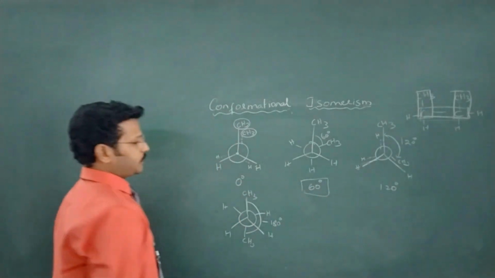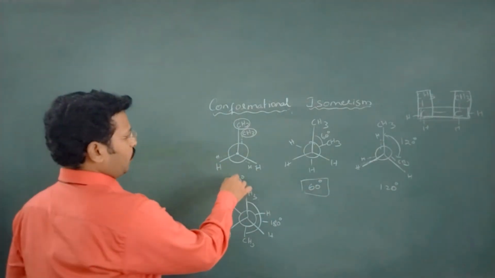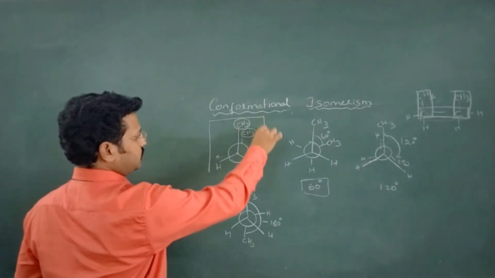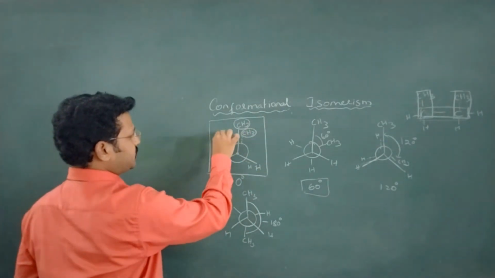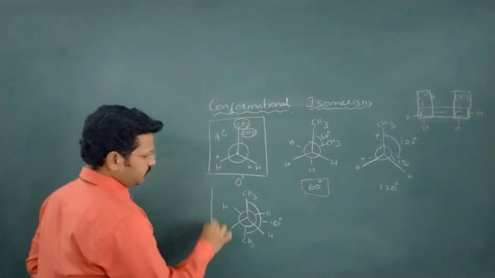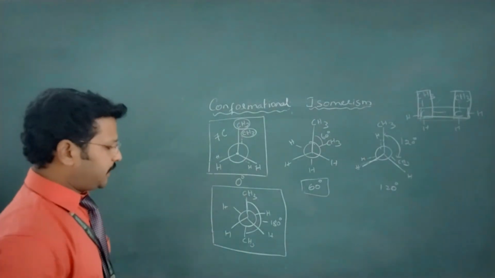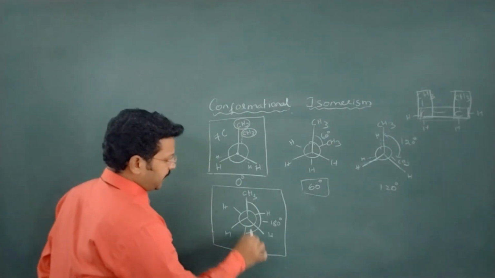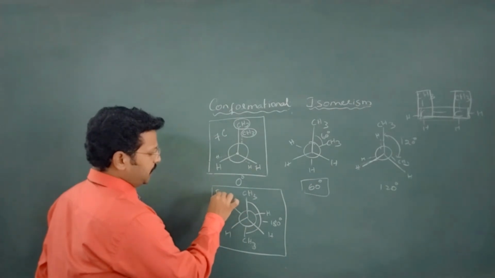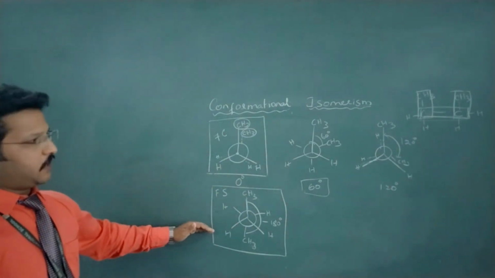So here we have in total 6 conformers. One is the fully eclipsed conformation. Another is staggered, that means a split pattern, and this is called the fully staggered conformation. This is the fully eclipsed conformation and this is the fully staggered conformation.